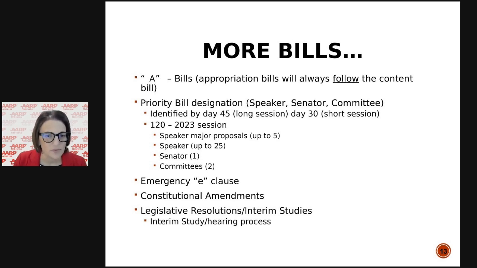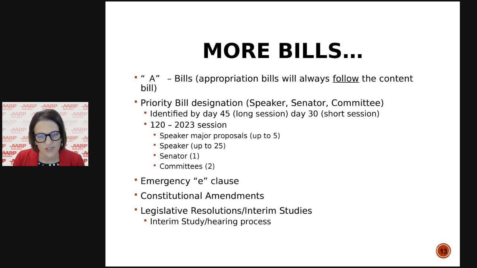You also sometimes will see those priority bills get other bills that are amended into them. The reason for that is many people understand that priority bills have priority, and so those potentially could move through as well. Again, in the long session, so the odd numbers of years, they are identified by day 45.